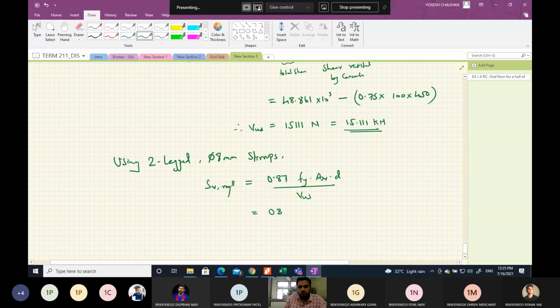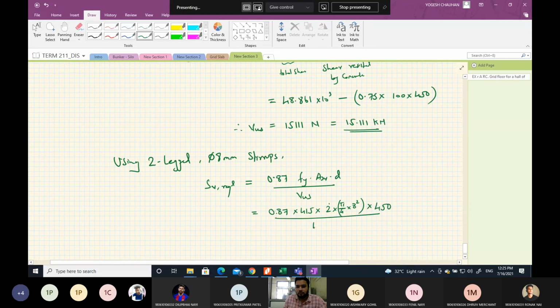So that will be 0.87 into Fy is 415, Asv is 2 into pi by 4, since it is two-legged, it is pi by 4 into 8 square, multiplied by d. d is 450.